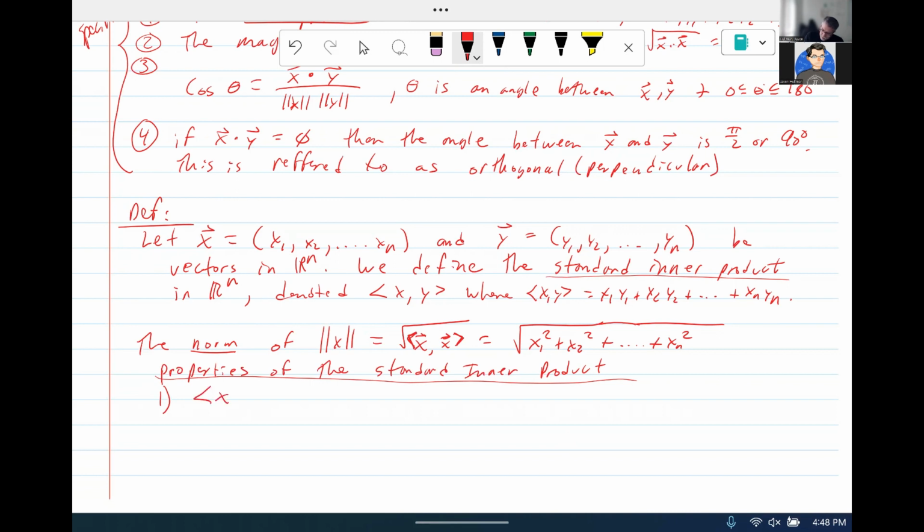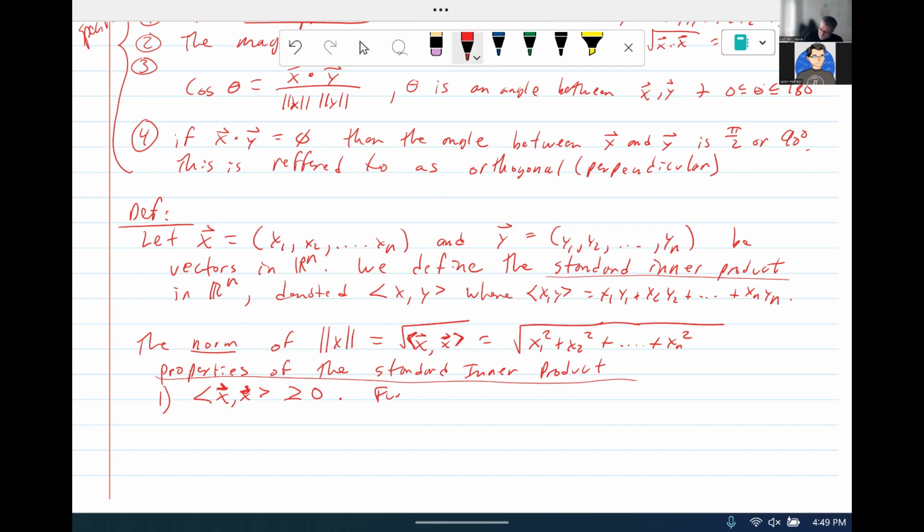The inner product of a vector and itself is always greater than or equal to 0.